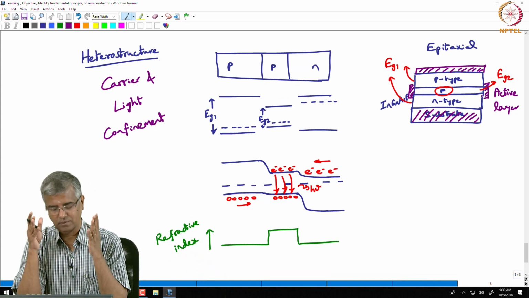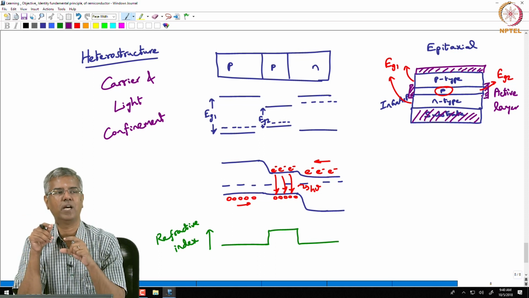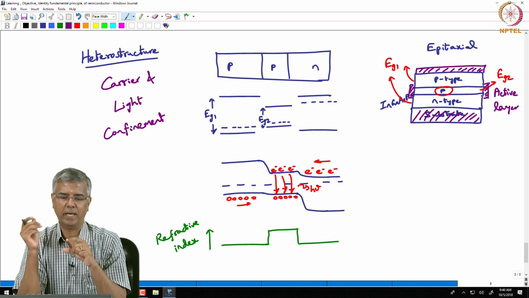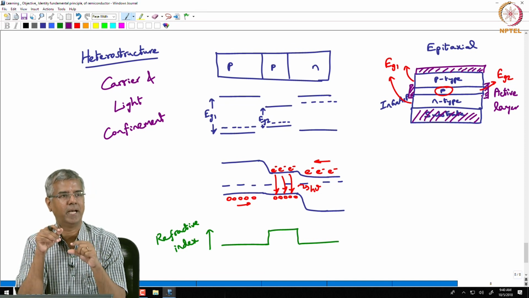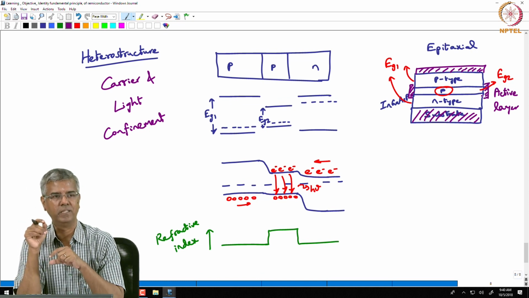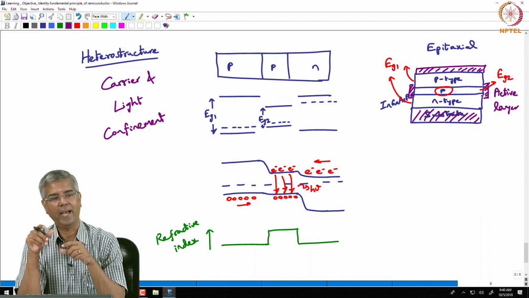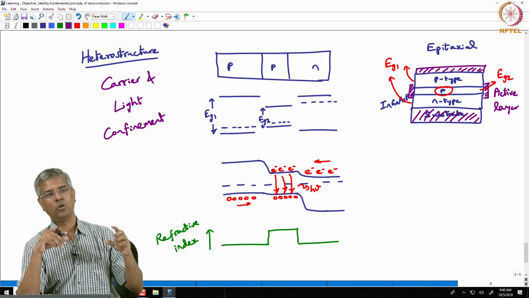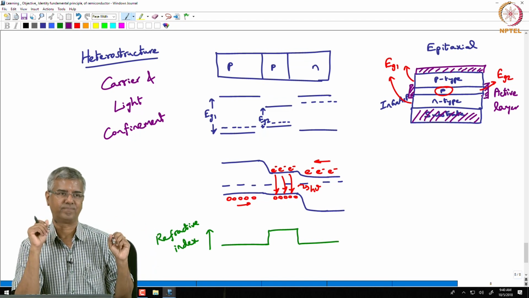And so you start with that requirement. You say I want to emit around 1.5 microns. You find a band gap for your central active region which corresponds to 1.5 microns, and you alter the doping so that on either side the band gap energy is larger.